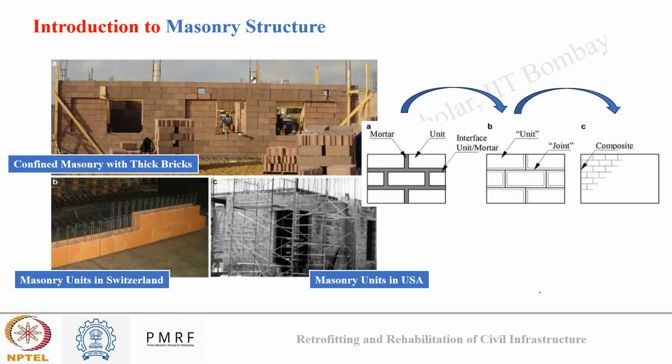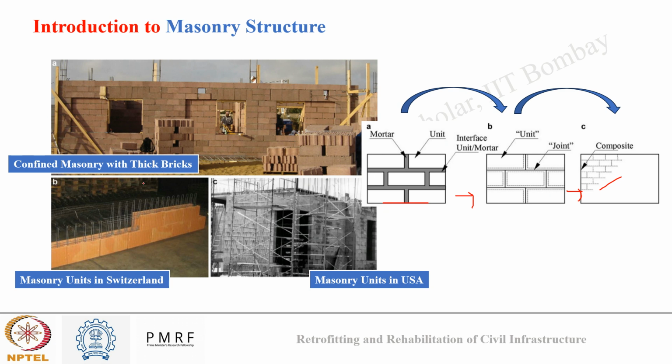Okay. The same can be visualized in these images also, where when we go from a microscopic level to a macroscopic level, we can see how brick units and mortar joints assemble together to form a composite structure.